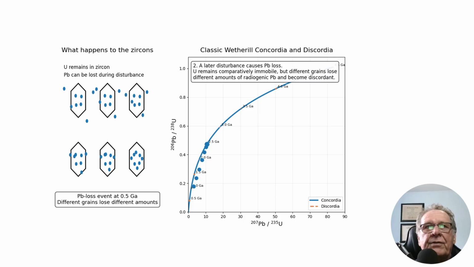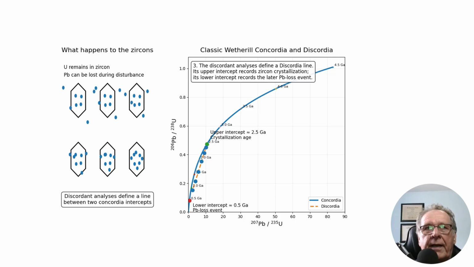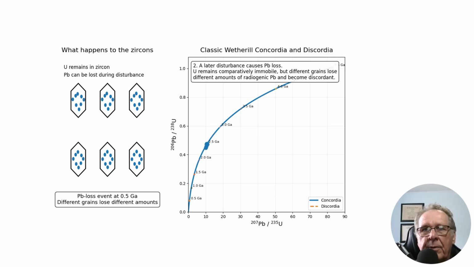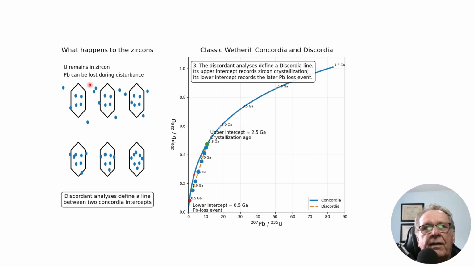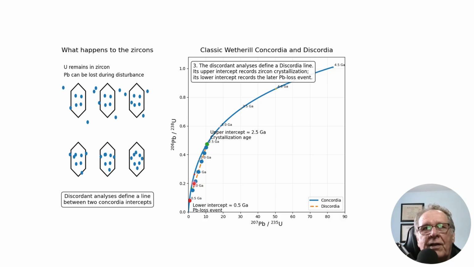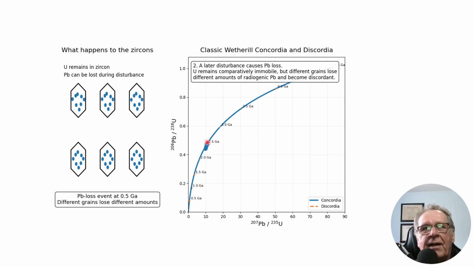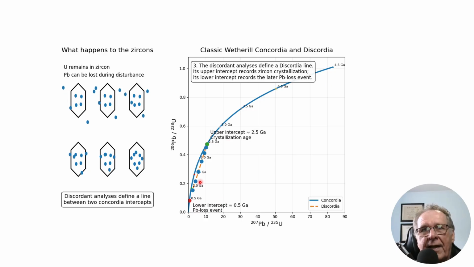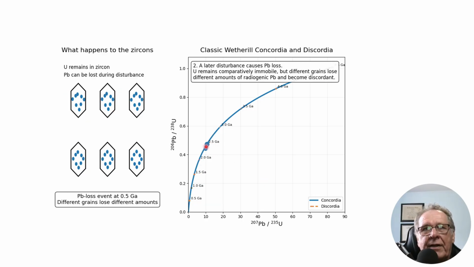So what happens to zircons during a disturbance? And the disturbance is typically metamorphism. So we can see here that lead can be lost during this disturbance. And so the crystals will evolve. They'll lose lead at variable rates, beginning at the age that they crystallize. So in this case, it's hard to see, but it's 2.5 billion years.